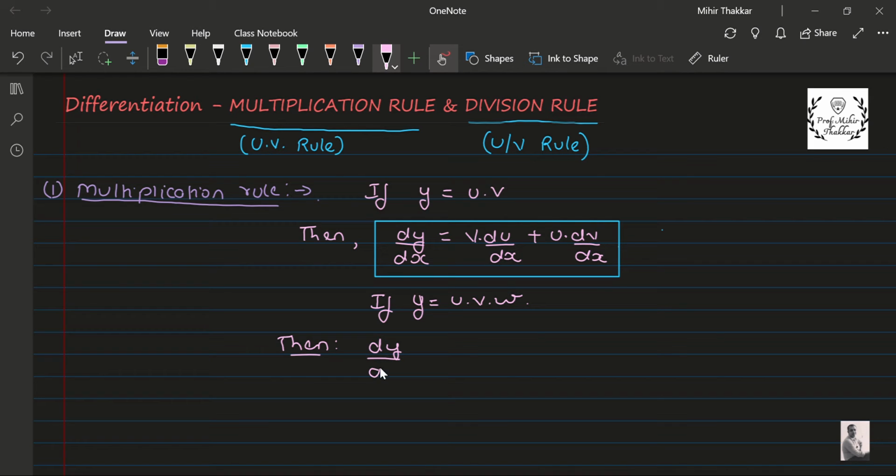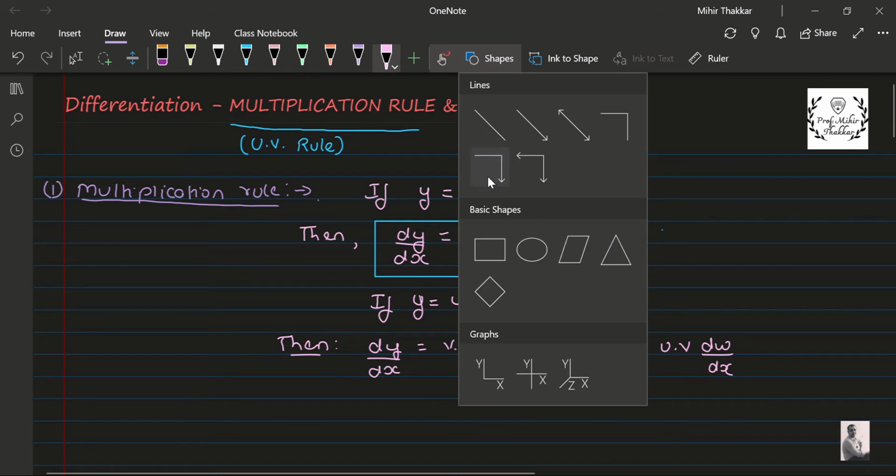I can say dy by dx is equal to, first I take the derivative of u, then v and w will be left as it is, plus when we take the derivative of v, u into w will be left as it is, and when we take the derivative of w, dw by dx, we will say u into v is left as it is.